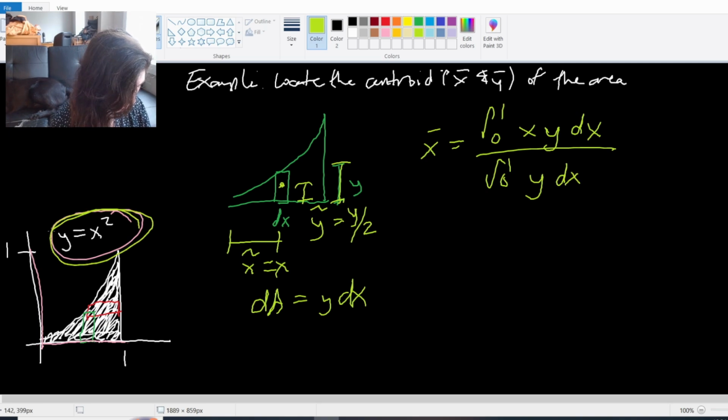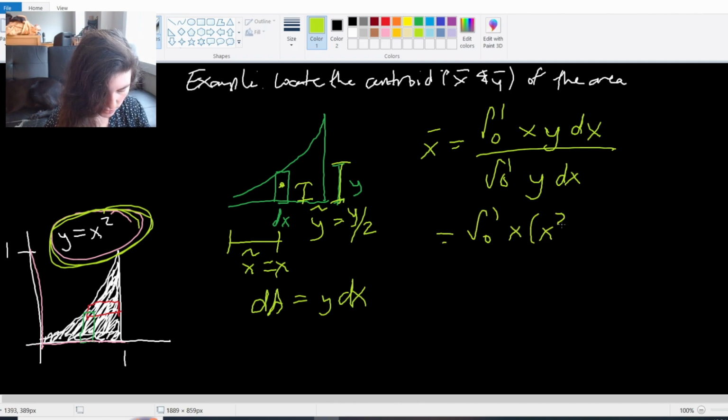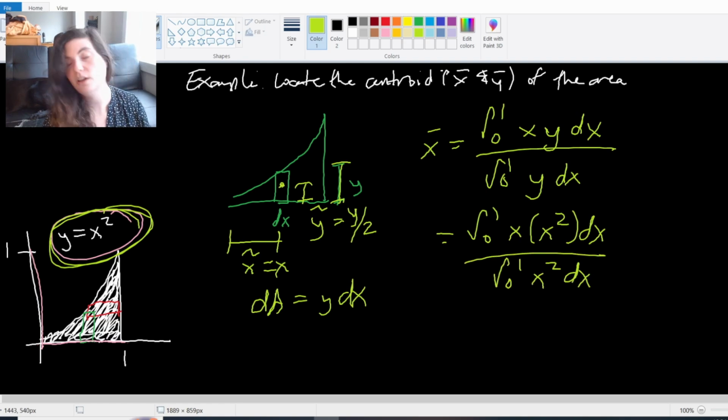And of course, again, I know my y is x squared. What a simple, beautiful substitution that is, right? The integral 0 to 1 of x times x squared dx over the integral 0 to 1 of x squared dx. That's beautiful, right? Those are such simple integrals in comparison.